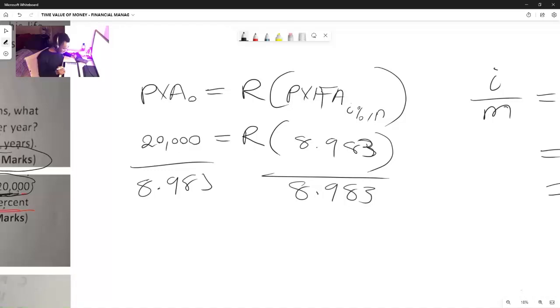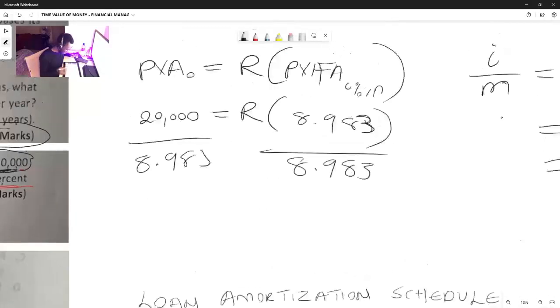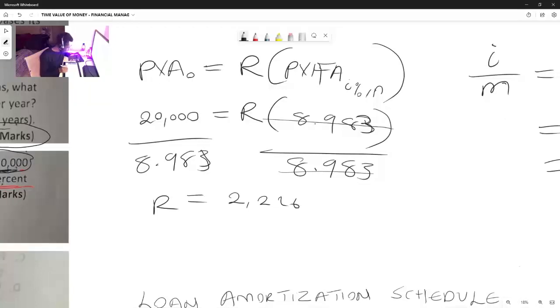Now that we have that, we can cancel this and cancel that, and then we're going to have R, and we're going to divide 20,000 by 8.983. That is going to give us an equal installment per month of 2,226.